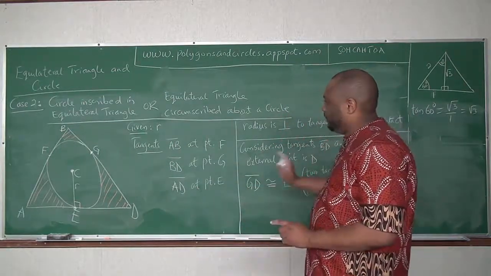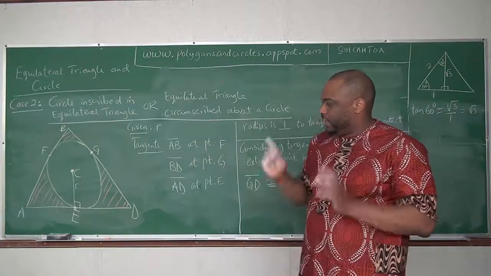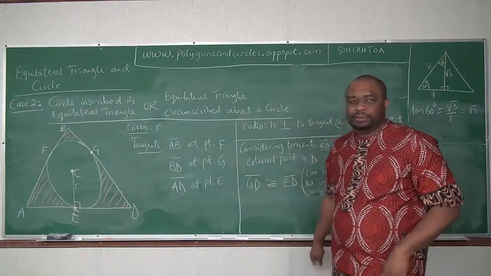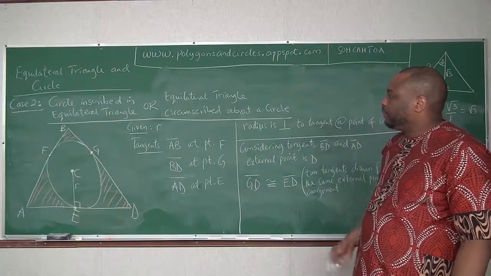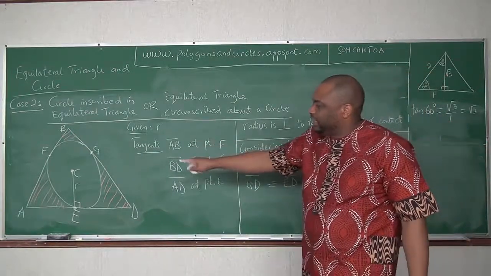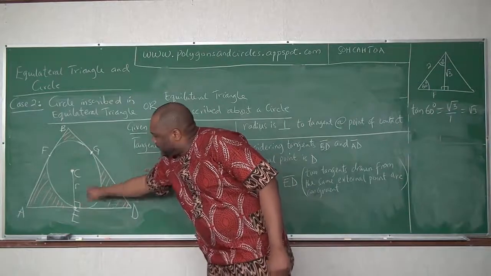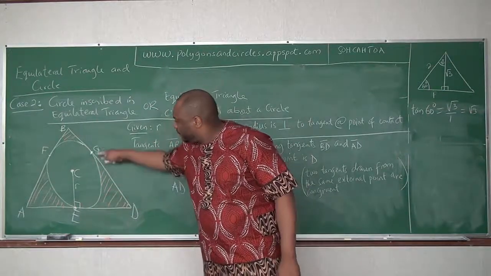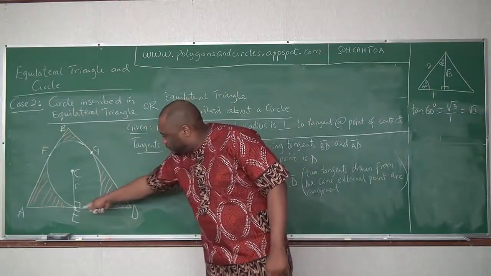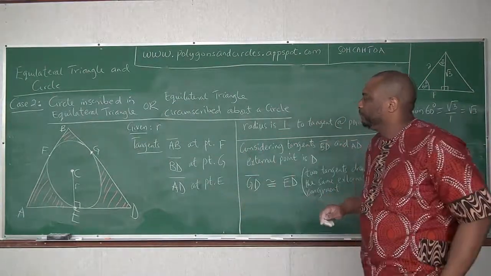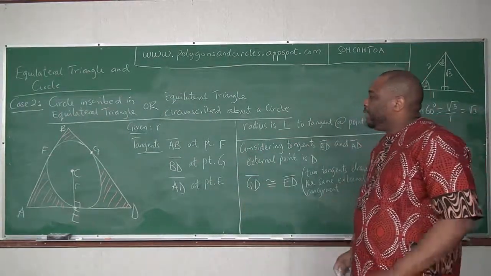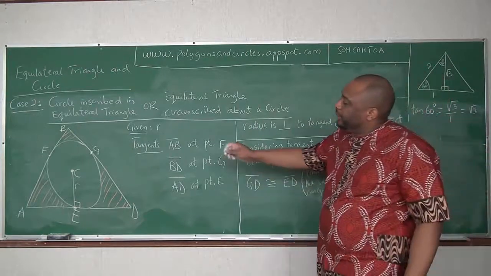So we see first the radius is perpendicular to tangent at the point of contact E. Then these two tangents from their point of contact, two tangents drawn from the same external point, GD is equal to ED. Okay? That's 2.